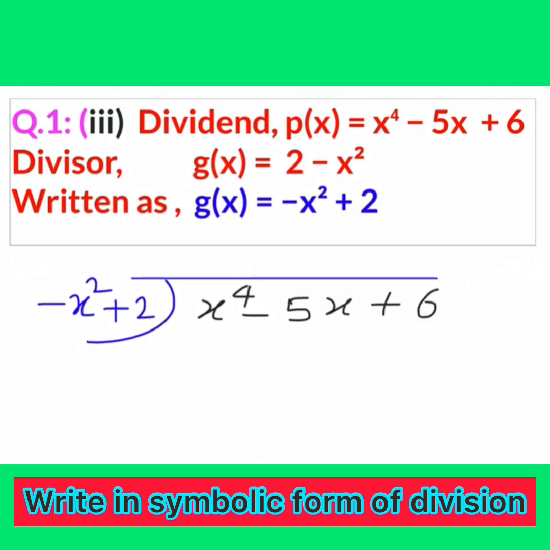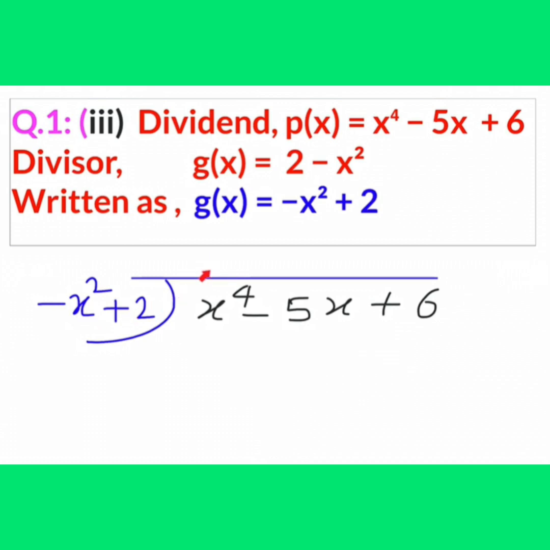So let us start. Here you can observe that the coefficient of this x raised to the power of 4 is 1 and here is coefficient of x square is minus 1. So it is necessary to write here minus 1. Minus, and after that here is, observe that what is the degree of this first term, 4, and the degree of the first term of the divisor is 2.